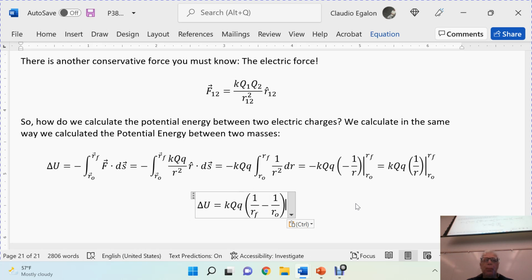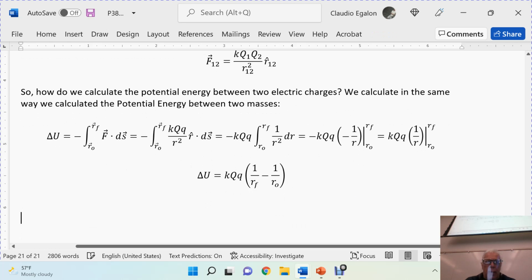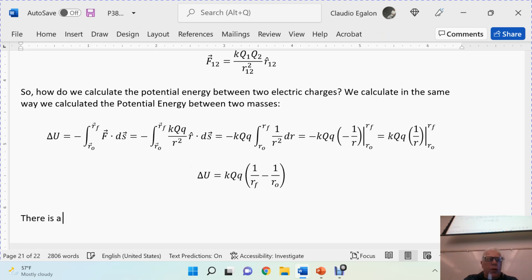Okay? That's what we get for the difference in potential energy. Now, there's a way to simplify. Here you go. That's the equation for the difference in potential energy.